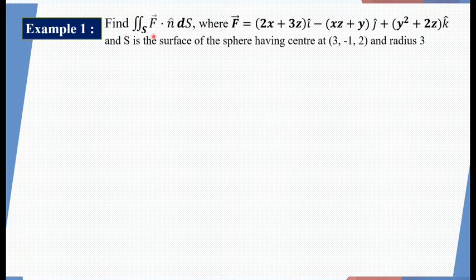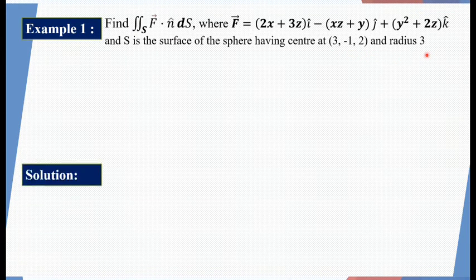find double integral S vector f dot n cap ds, where vector f equals (2x plus 3z) i minus (xz plus y) j plus (y square plus 2z) k cap, and capital S is the surface of the sphere having center at (3, -1, 2) and radius is 3.